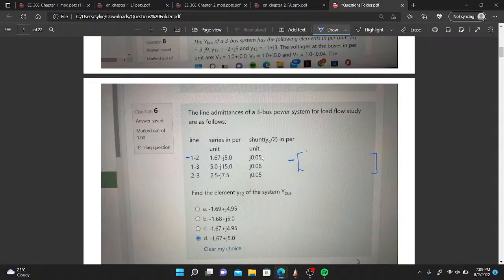Half is connected to 2, the other half is connected to 1. So between 1 and 2, I just have this value here connected between 1 and 2. So you negate, and you get negative 1.67 plus J 5.0. So this is the answer. Alright.